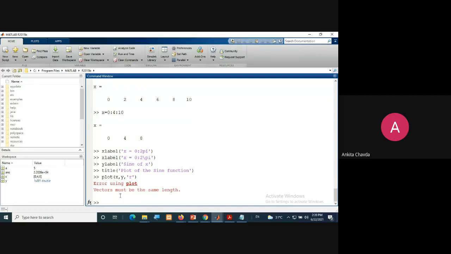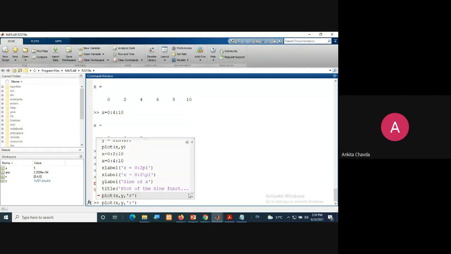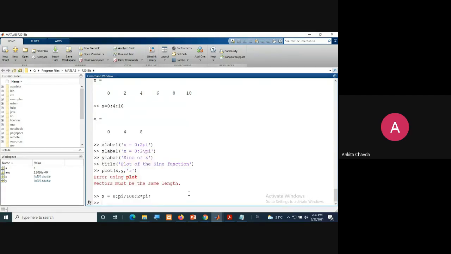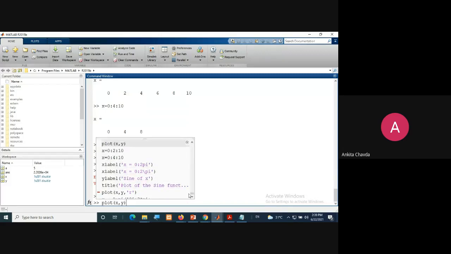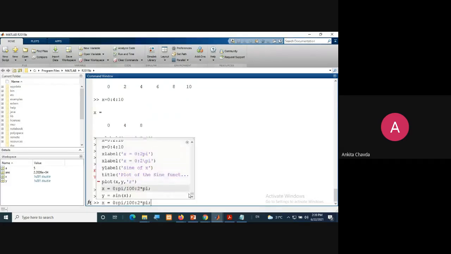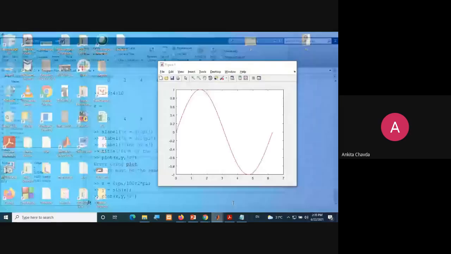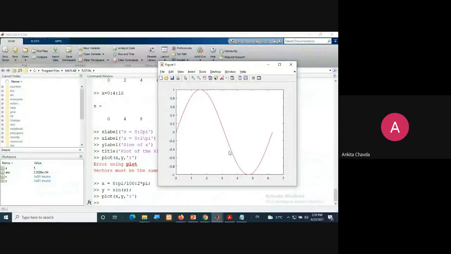I have to write x, y and all again, because I have changed the value of x. Can you see this? We have changed the color to red.